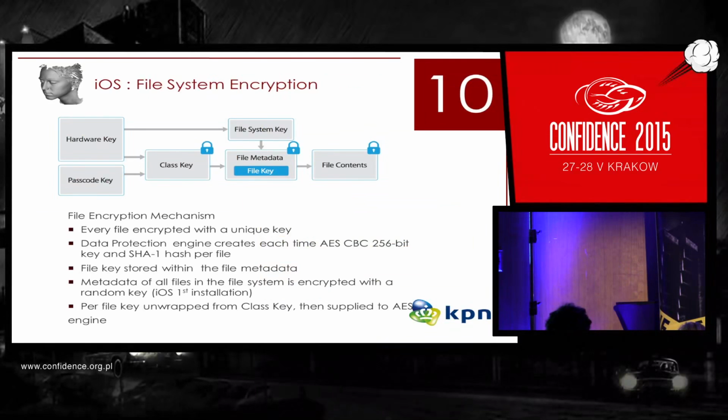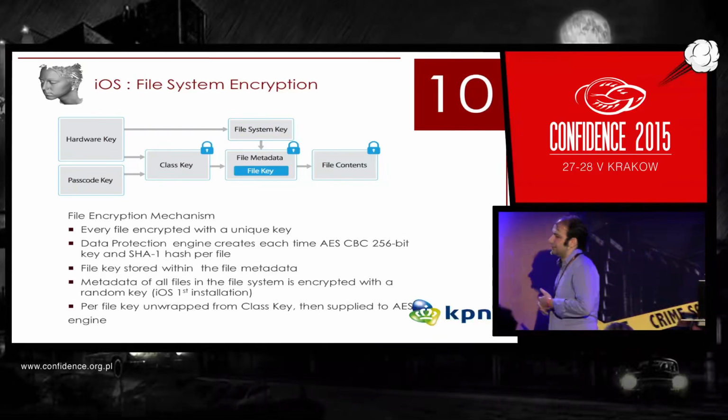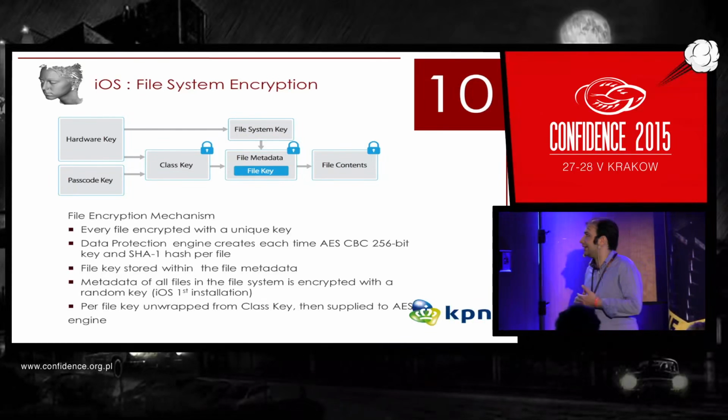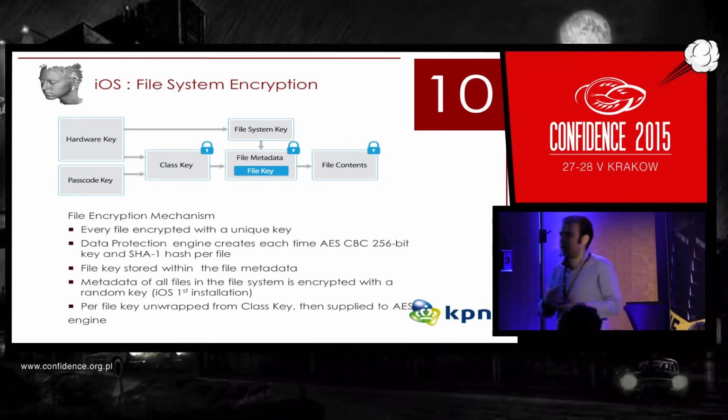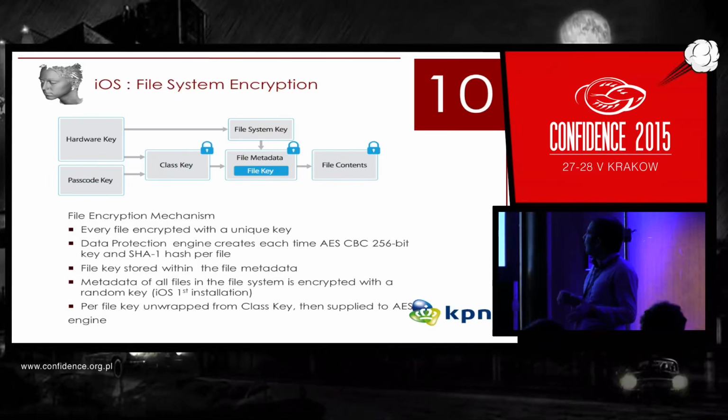And file encryption under the iOS system looks like this. You have a hardware key coming from the secure enclave and the passcode. Once you have an iOS device and define your passcode, these are combined and conveyed to the class key.